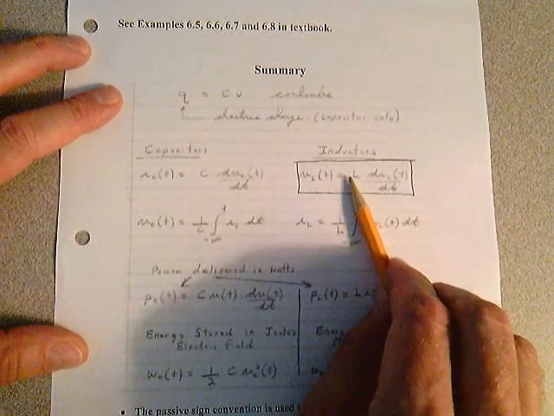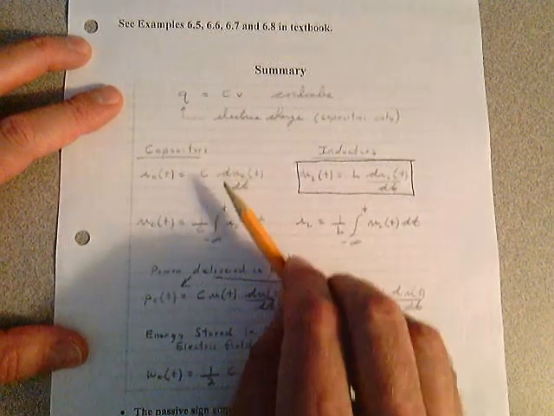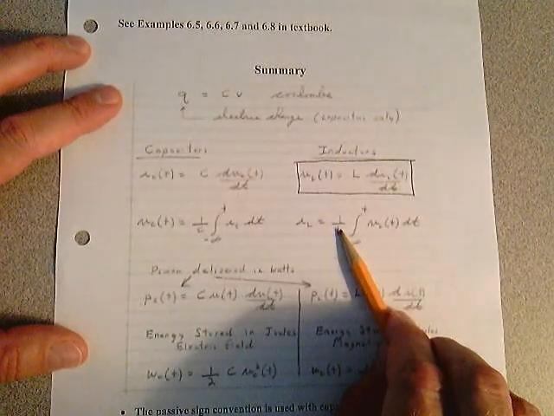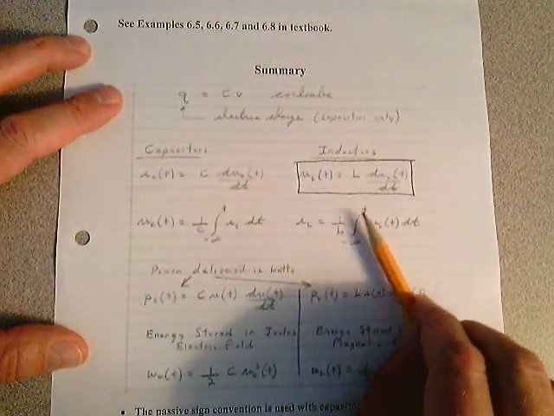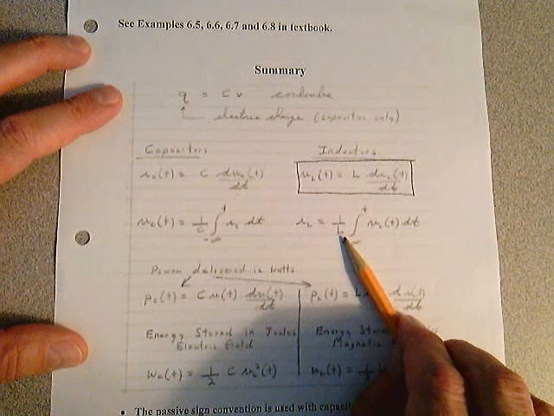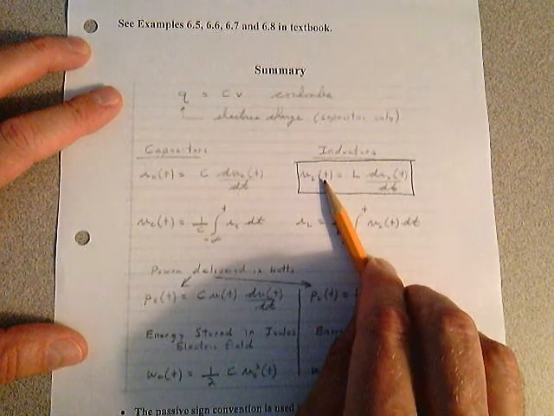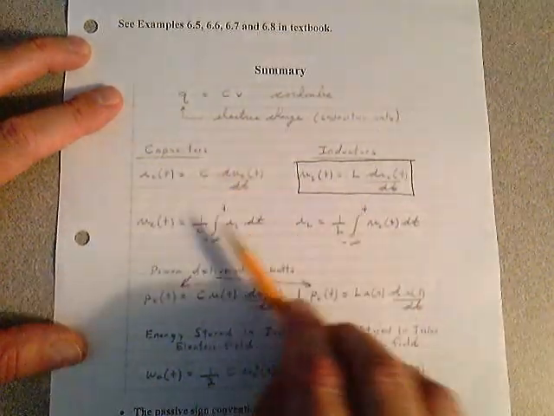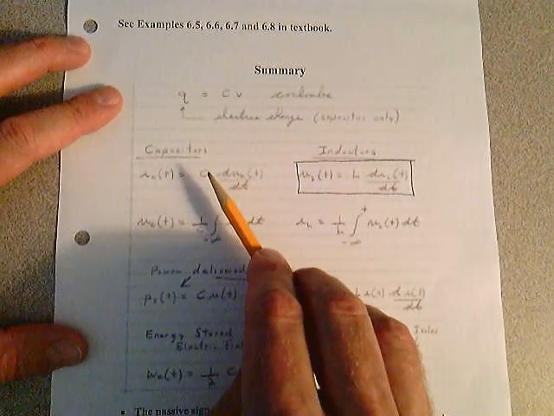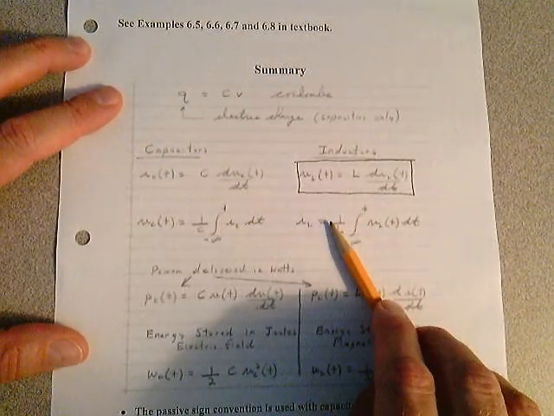So I memorized this one, I could get this one, and going from here to here and here to here was simply the integral of the opposite parameter up here. However you memorize these, I don't care, but you have to memorize these.